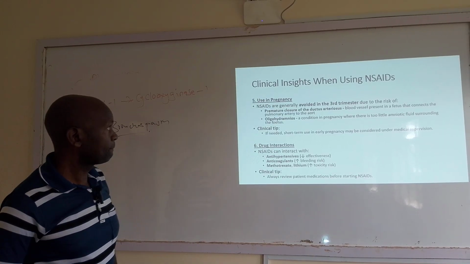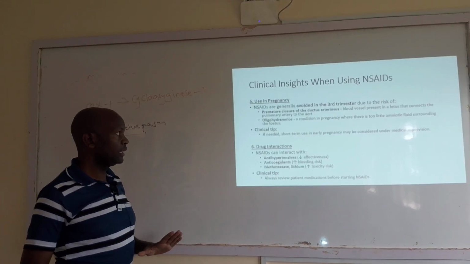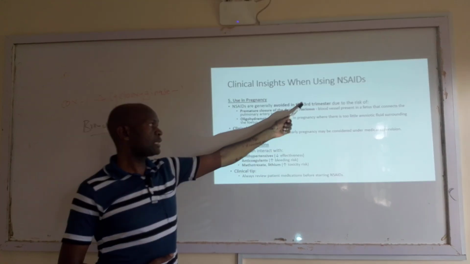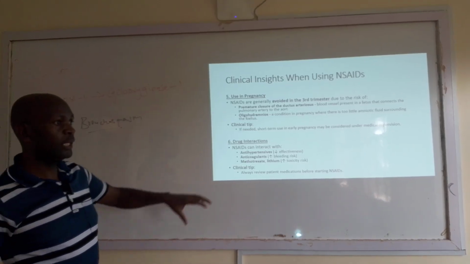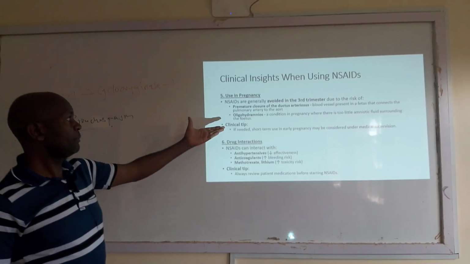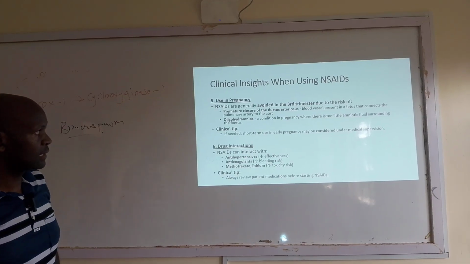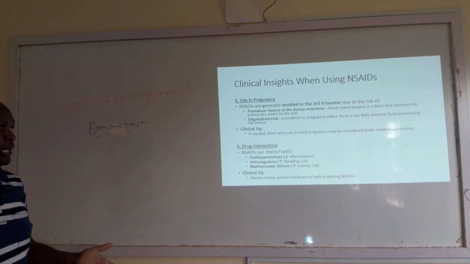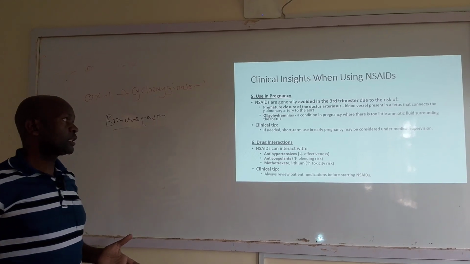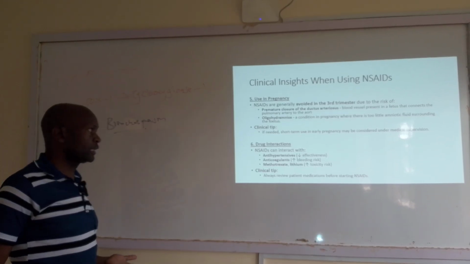In pregnancy, NSAIDs are generally avoided, particularly in the third trimester, because they increase a risk that we call premature closure of the ductus arteriosus. This is a blood vessel which is present in the fetus and it connects the pulmonary artery and the aorta.